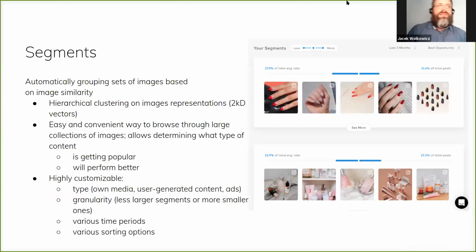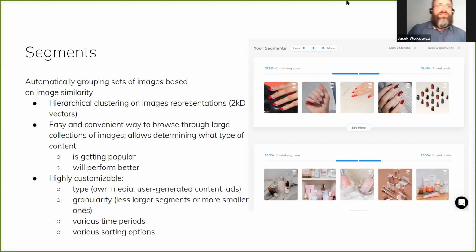Another application, something that Magda touched on while talking about clustering, is segments. In segments, we apply hierarchical clustering to group content of a particular brand into manageable pieces that have similar looking photos. Okay, so this is the actual example of how it looks on the platform.